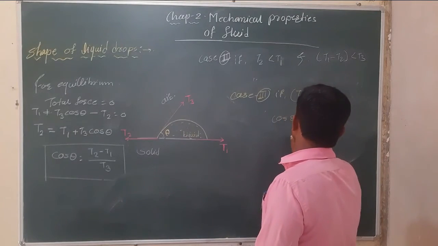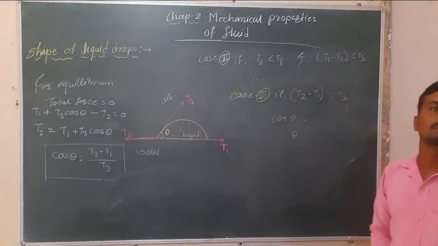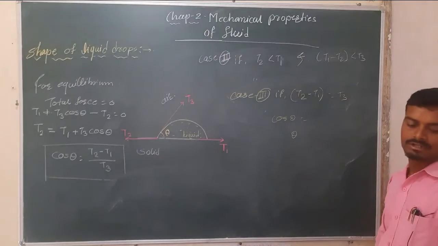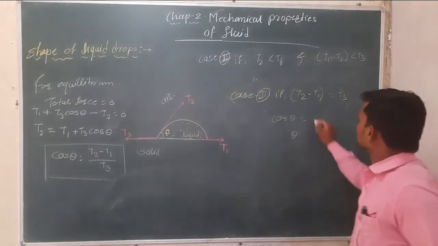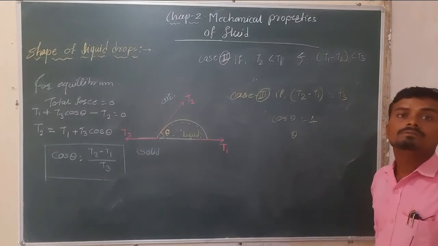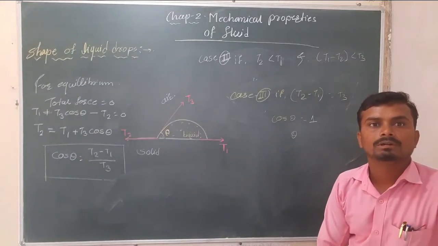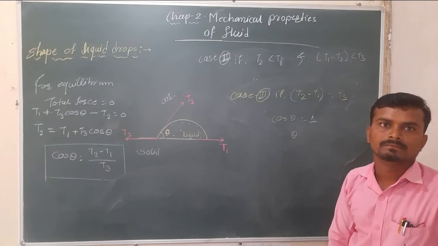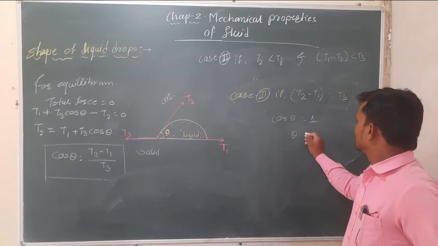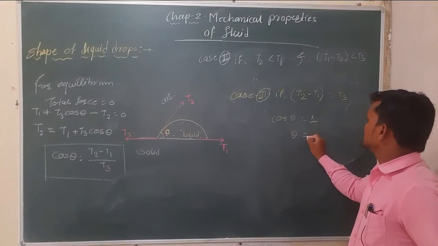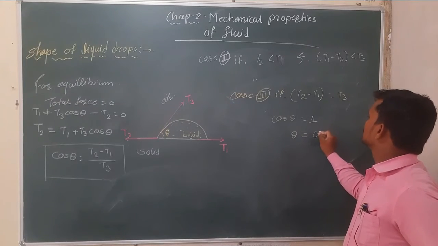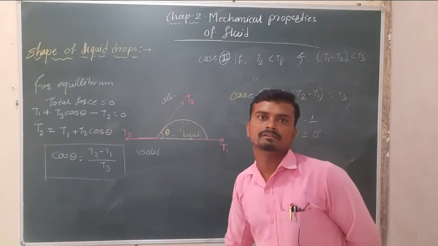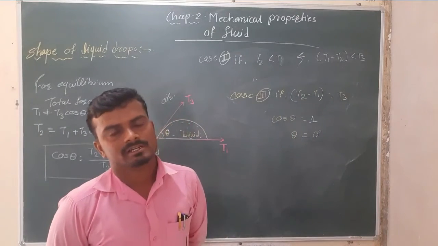If the numerator is equal to the denominator, then cos of theta is equal to 1, and theta is exactly equal to 0 degrees.